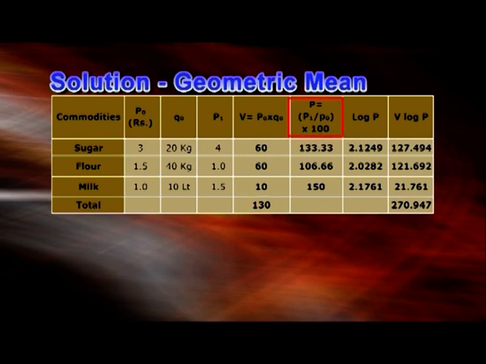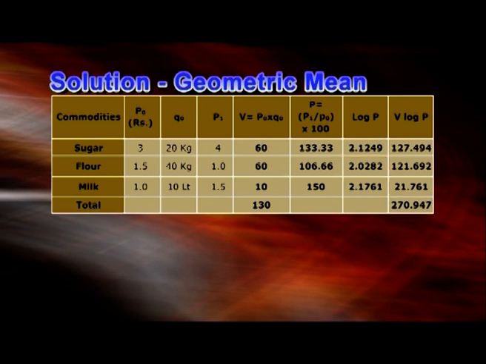In the sixth column, we calculate the price relative P, which is equal to current price divided by price naught into 100, equal to 133.33, 106.66 and 150. In the seventh column, we will calculate the log of P. We will get 2.1249, 2.0282 and 2.1761.